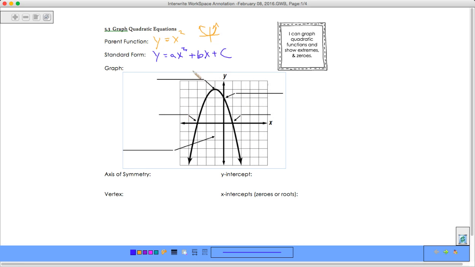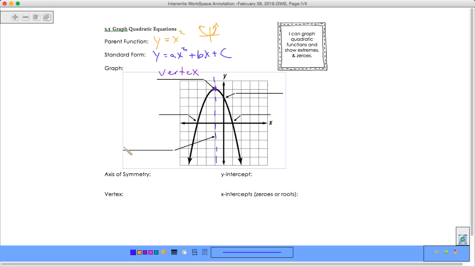Alright, so looking at our graph, we start here with a vertex. Vertex is this point right here. And the vertex always lies on this imaginary line that our parabola is centered around. Okay? And each part of the parabola is the same distance away on each side.